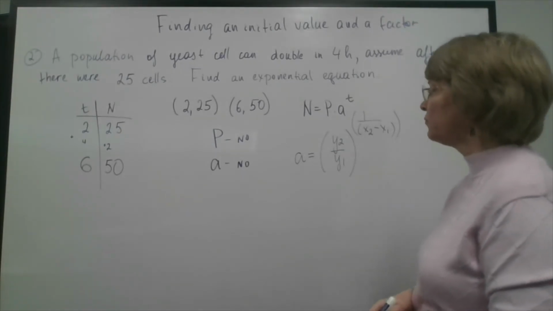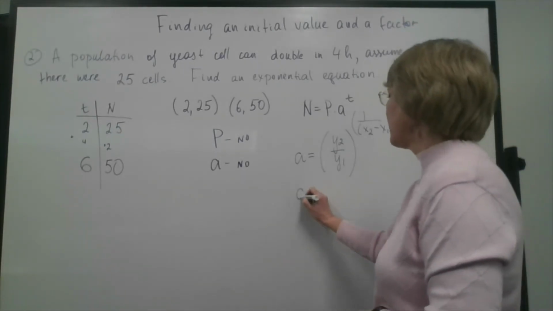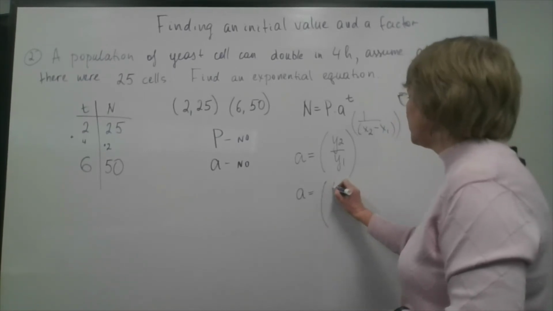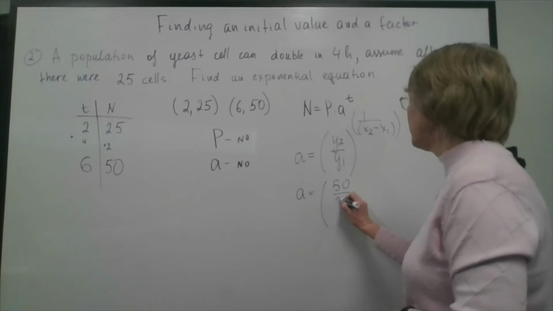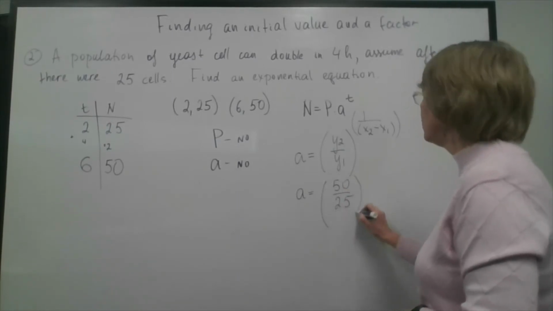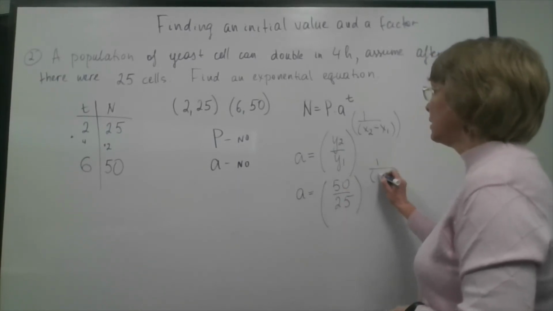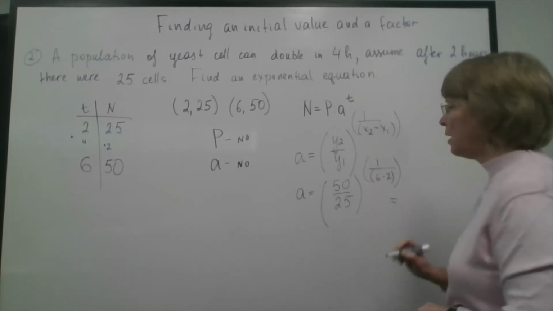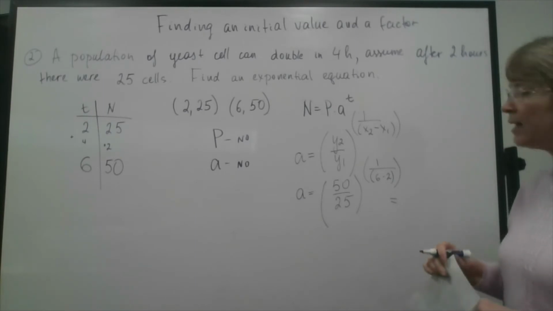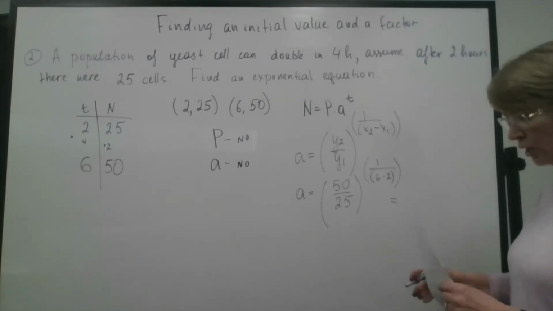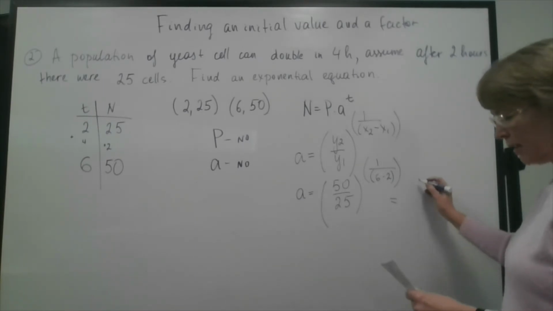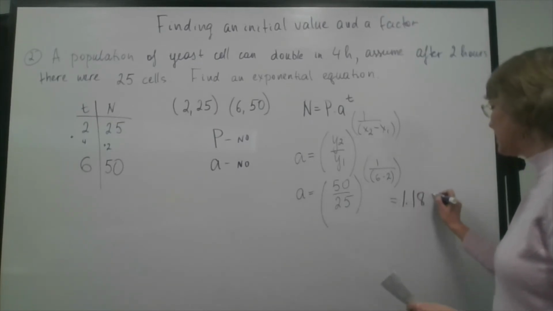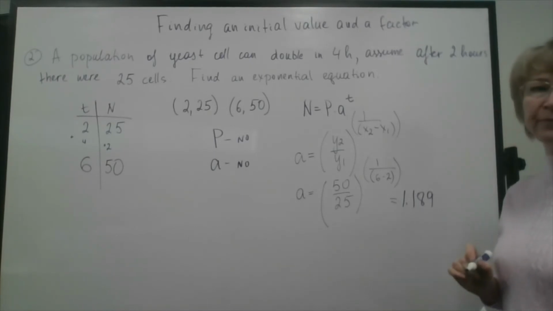So let's use this formula. A is equal to 50 over 25 to the power 1 over (6 minus 2), parentheses. And please type it on the calculator and check your answer. I have 1.189. This is my factor.